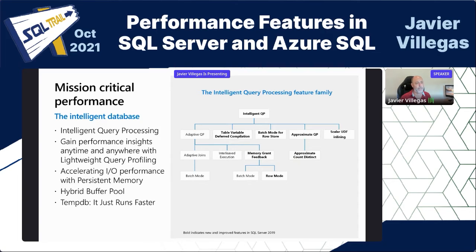So besides the ones related to memory grant feedback or adaptive join, there is one which is quite interesting, which is scalar UDF inlining, right? You know that when you create a user-defined function, you can get quite creative, and within the function you can put a lot of business logic, right? And then you put that function in the select or within the predicate.